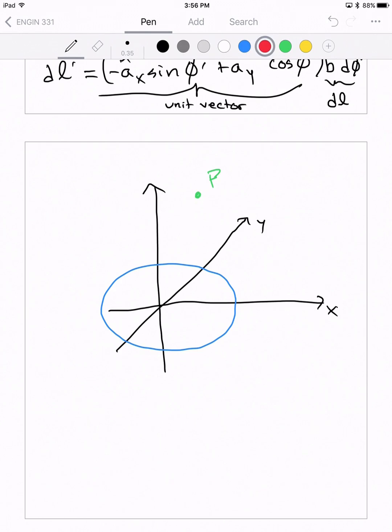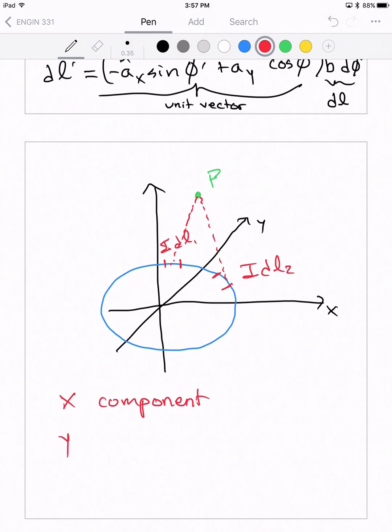Now, if we have a differential current element here, I dl1, and we have another one here, I dl2, both of these contribute an x component and a y component that you can see at P.